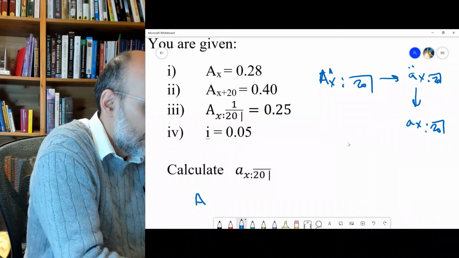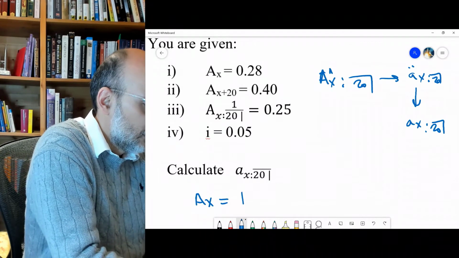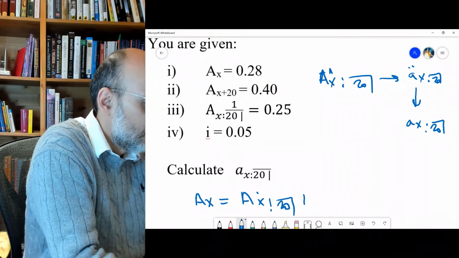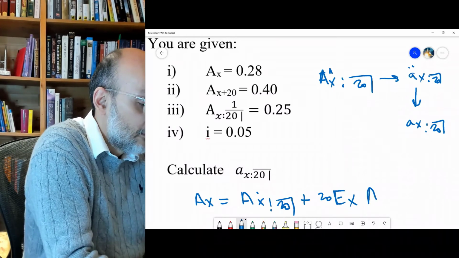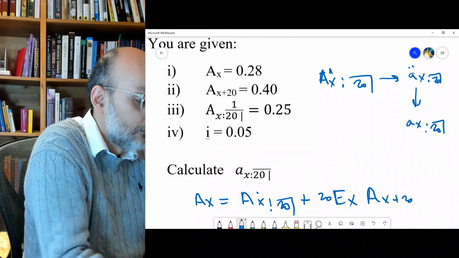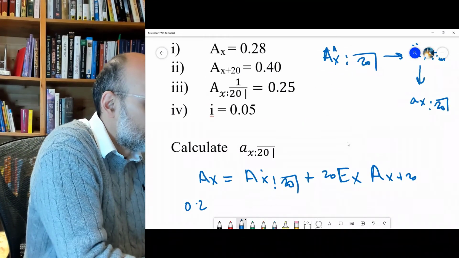AX is equal to AX120 plus 20 EX multiplied by AX plus C20. This is the equation. So AX is 0.28.